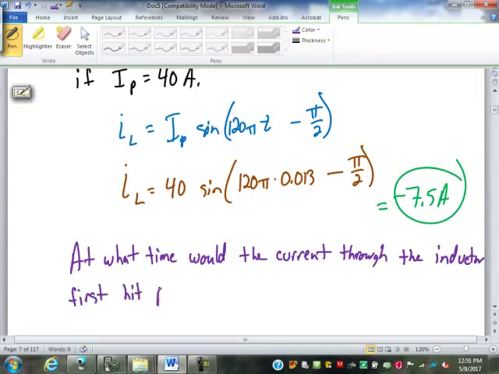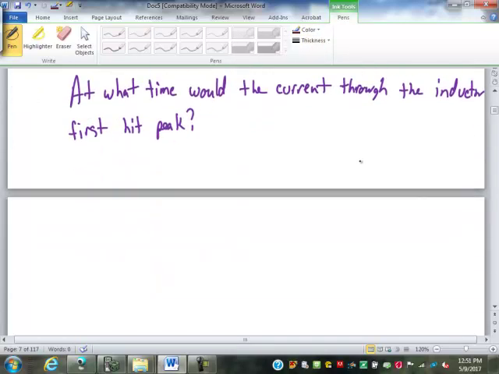At what time would the current through the inductor first hit its peak? So the peak is 40, right? So the current through the inductor would be 40. So that equals our peak current of 40 times the sine of 120 pi times t minus pi over 2.